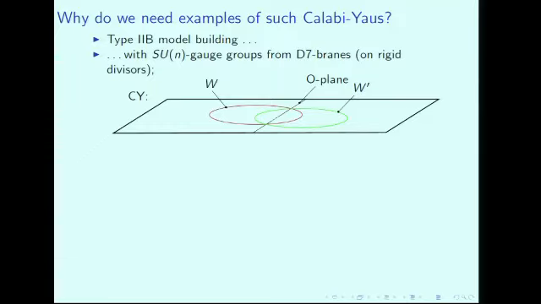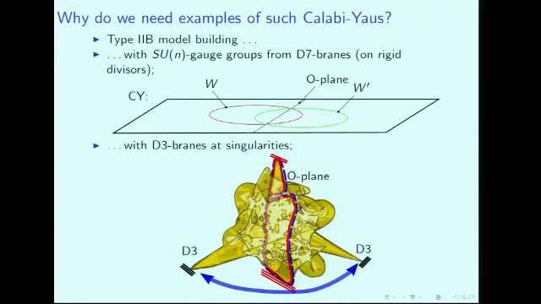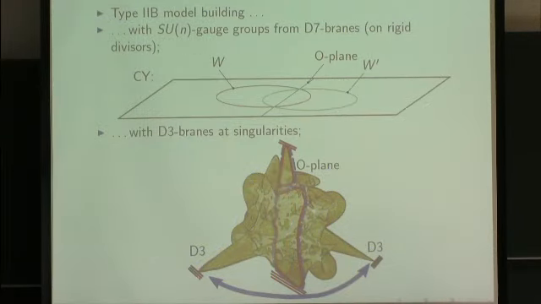Another reason for such geometries would be the case in which we were interested. So we wanted to have D3 branes at singularities, and these singularities should come from shrinking divisors of our Calabi-Yaus, which are then mapped under the Orientifold to each other.